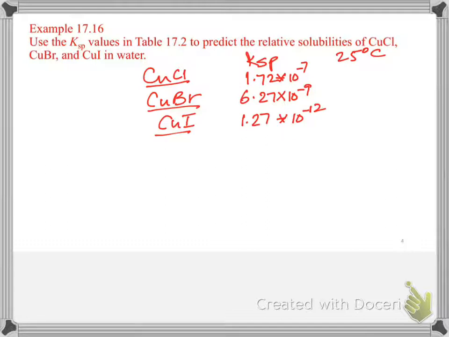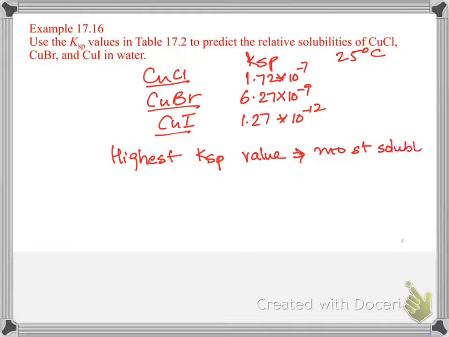So the highest KSP value means most soluble because it is breaking down more to form the ions. Or you can say the lowest KSP value means least soluble.